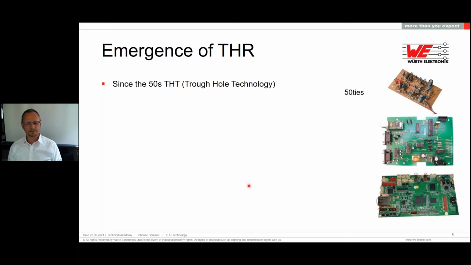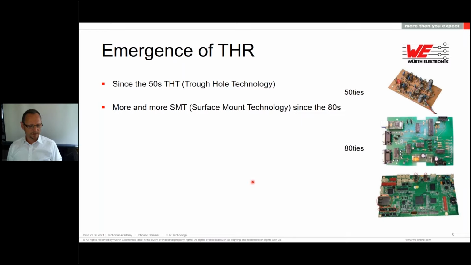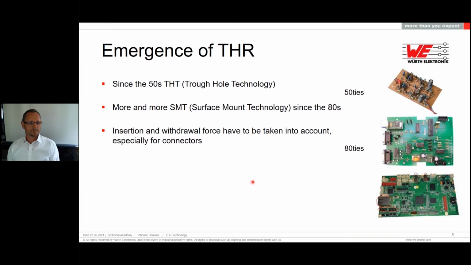That was the very beginning. Then, of course, the industry raised up, and everyone wanted to have a smoother, clear process, and of course, more cost efficient. Therefore, the SMT technology, named for surface mount technology, was invented in the early 80s.